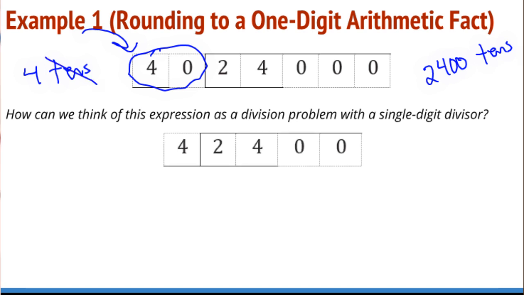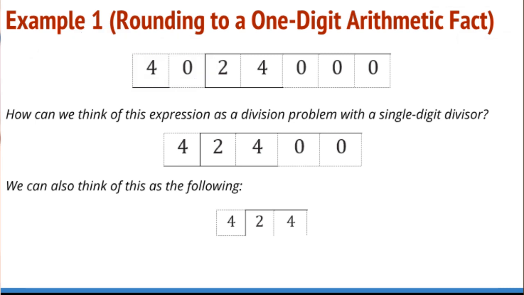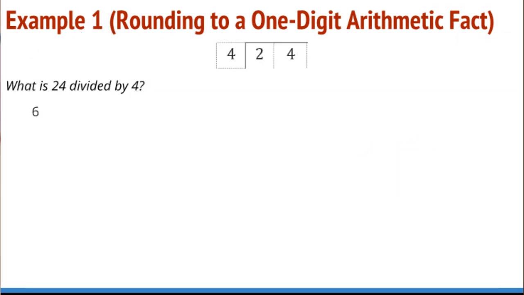And when I have the tens, I then have 2,400 divided by 4. And at that point, I can start to see this problem as 24 divided by 4. And 24 divided by 4 is 6. So I know that an important part of my quotient here is going to be 6. This 24 divided by 4.